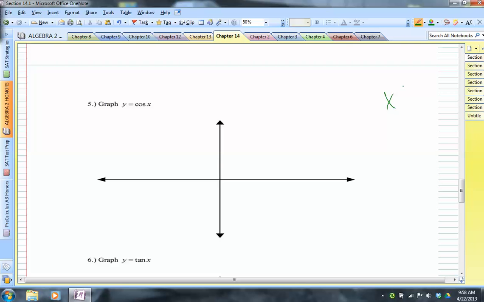So we have x and we have y. We're going to use the same x coordinates as before. So, again, think about the unit circle.